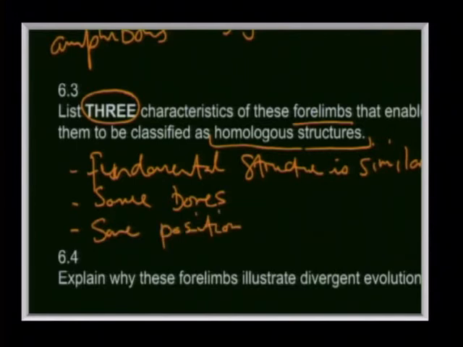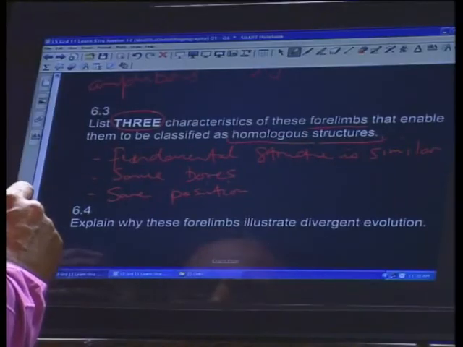If you remember, when we looked back at the homologous structure with the various colored bones, as we colored them in differently, you could see that you would have the humerus, the radius, the ulna, the carpals, the metacarpals. In other words, the same bones are present. They are in the exact same position, which basically means that their fundamental structure is the same. Let's move on to 6.4.